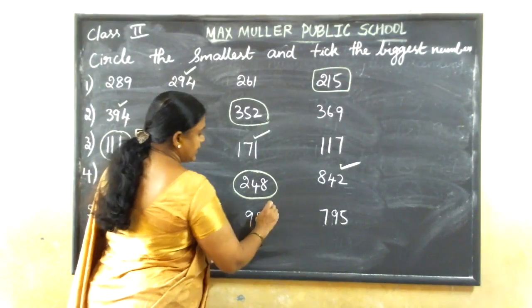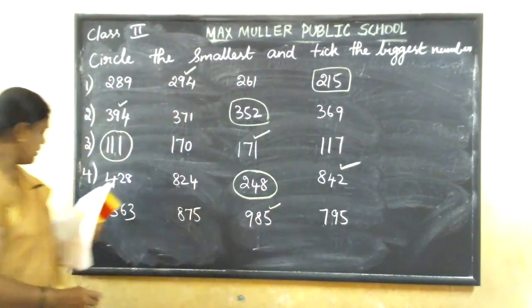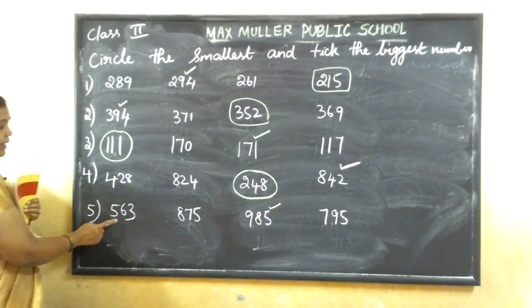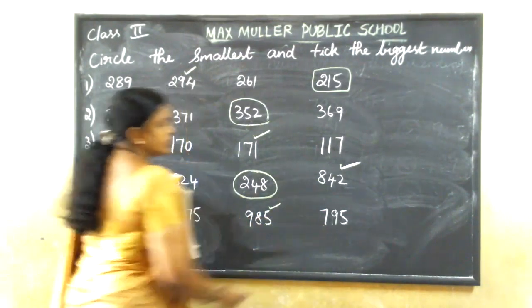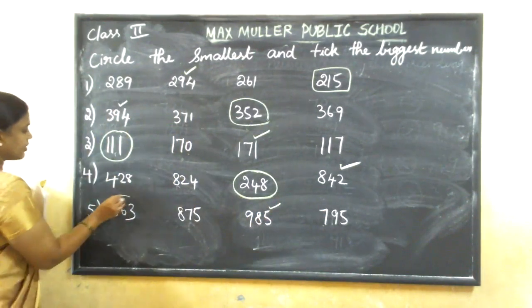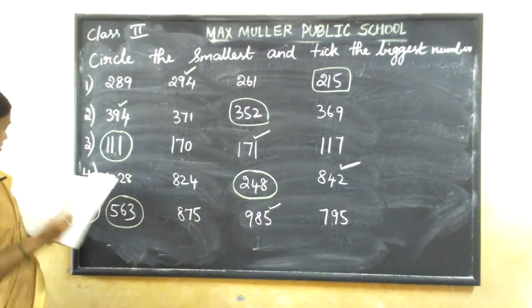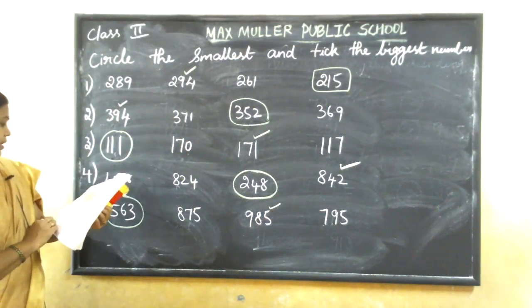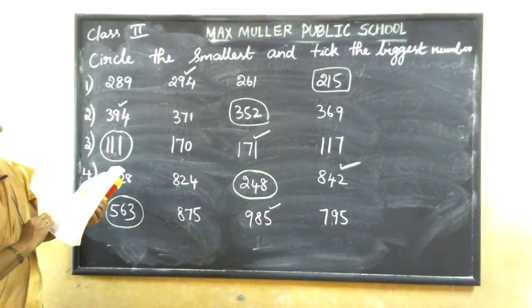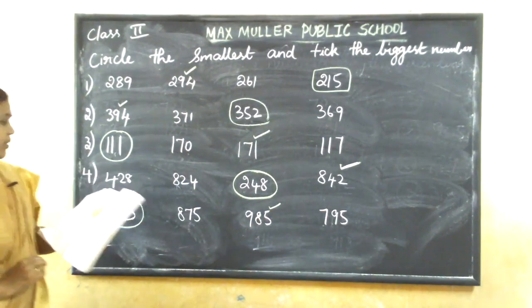Which one is greater? 9 is the greater number. Next, which one is the small number? 5, 8, 7. 5 is the small number. So you want to circle 563. Now next one: arrange the following numerals in ascending order.